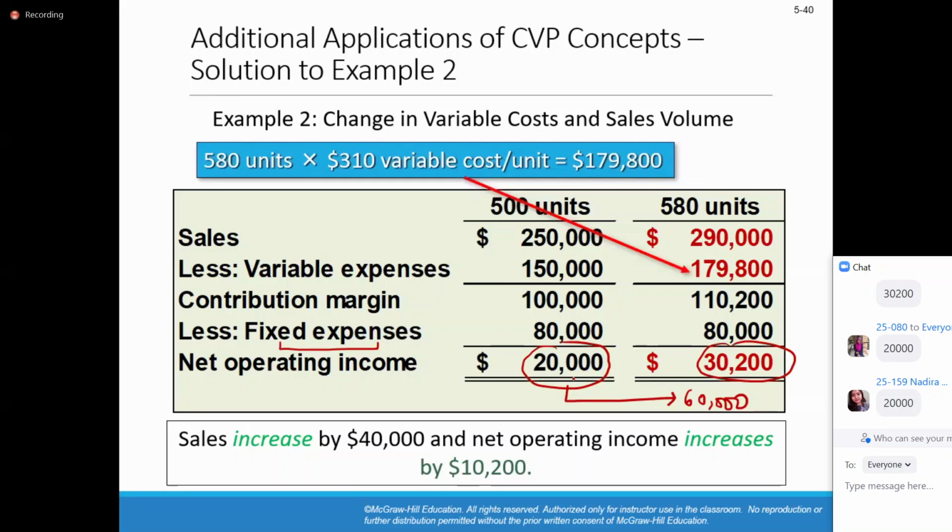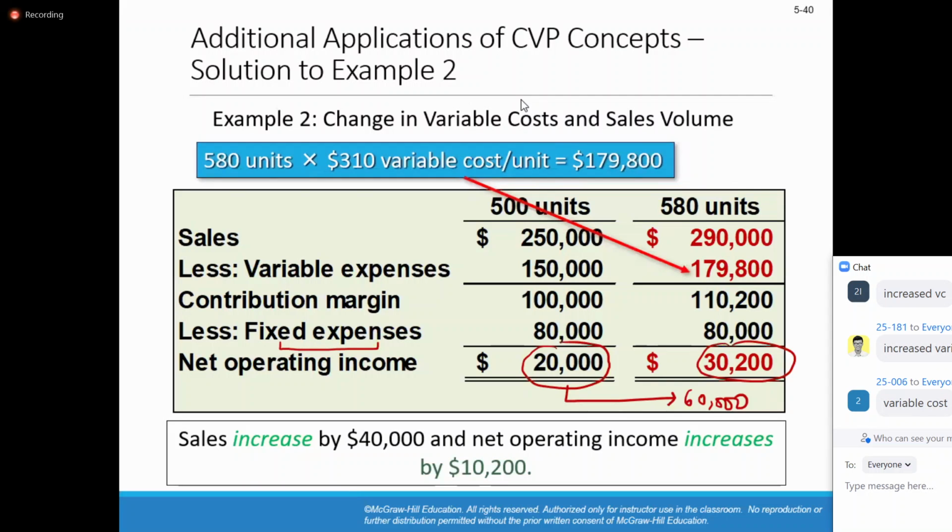Okay, but what is happening? Which amount is eating up our profit? There has been no changes in fixed expense. You see, there has been changes in variable expense.